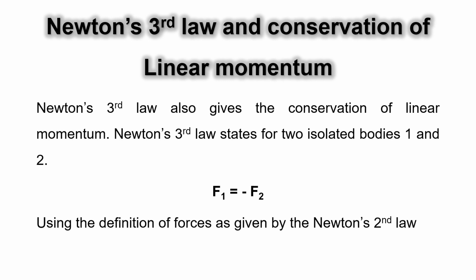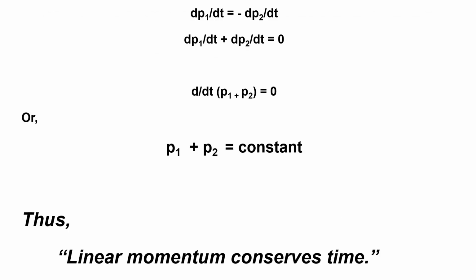Now, according to Newton's third law, we can also conserve the linear momentum. We know that Newton's third law also gives the conservation of linear momentum, along with Newton's second law. So for the two isolated bodies 1 and 2, Newton's third law states F1 is equal to minus F2. Using the definition of the force given by Newton's second law, F is equal to dp over dt, so dp1 over dt is equal to minus dp2 over dt.